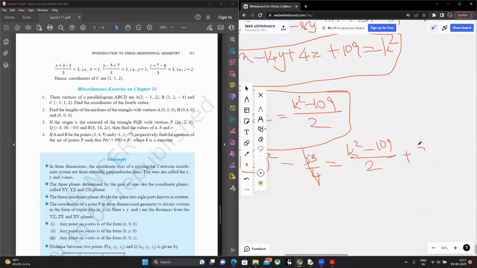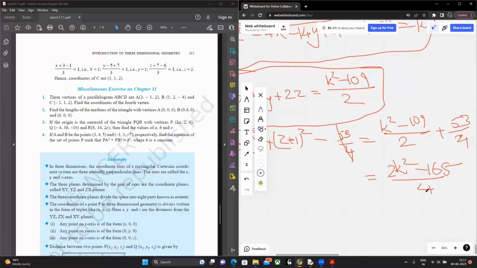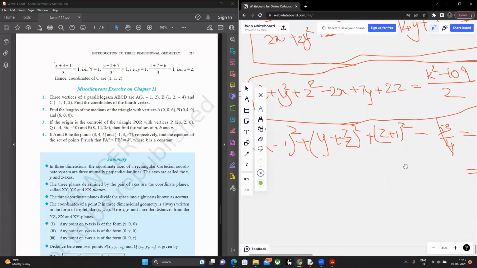Basically take this to the other side. So you can basically write this as what? So this will be 2k squared minus 218, that is, this will be 165, right? Yeah, this is going to be minus 165 divided by 4. Something like this. You can also write this in this form, right?